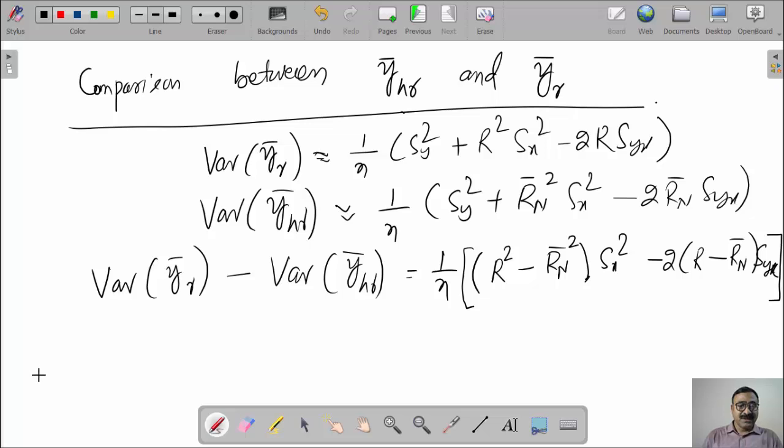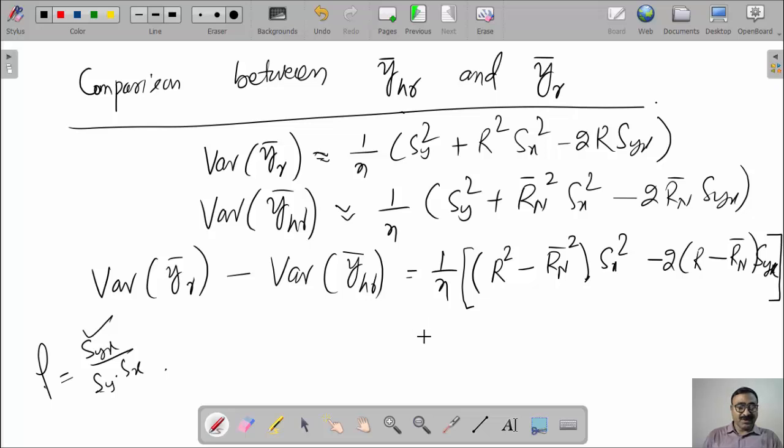Now we have the population correlation coefficient rho between x and y, which is Syx by Sy into Sx. So Syx equals rho Sy Sx.